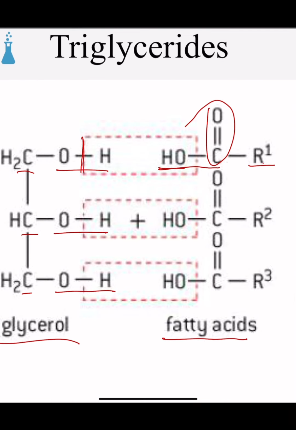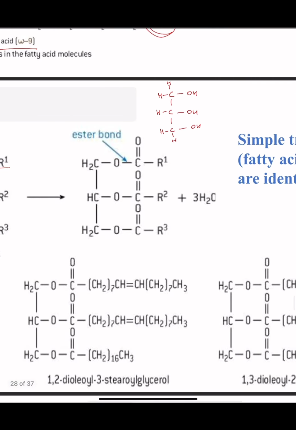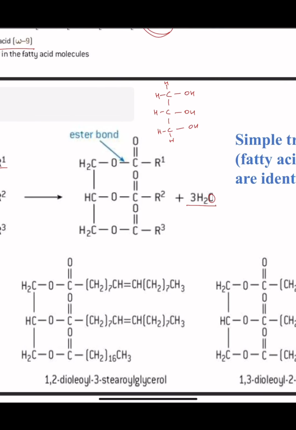So we will grab H from glycerol and OH from fatty acid. And then one more, and then one more. So we produce 1, 2, 3 moles of water. You see, 3 moles of water is produced.